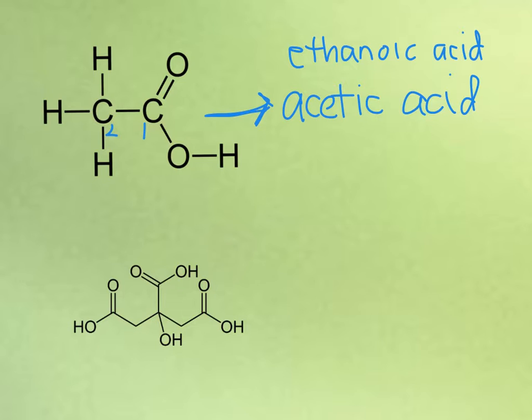Looking at the bottom one here, we have 3 different carboxylic groups. If we pick one on the left, 1, 2, 3, 4, 5, there is a 5-carbon chain here. So in theory, this would be a 5-carbon chain, but what they actually do in this name, this one is actually called citric acid. How they named this one is they look at the fact that you have 3 carbons between the carboxylic acid groups.